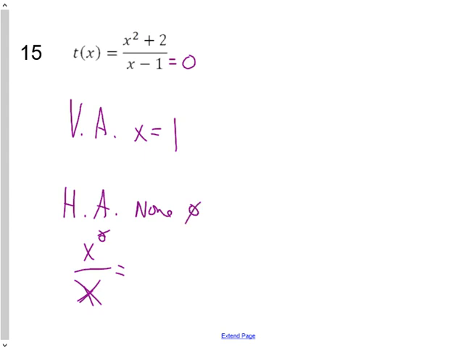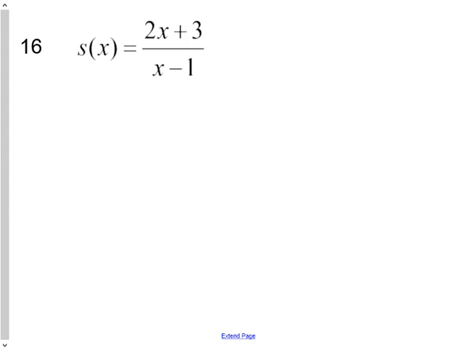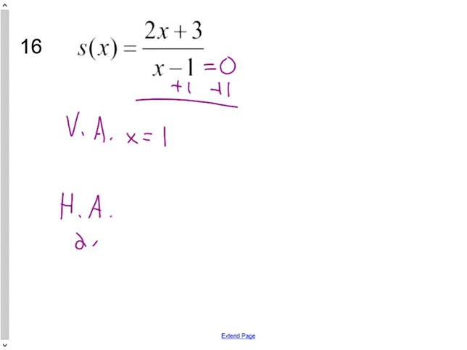And that's all for that one. Next, 2x plus 3 over x minus 1. Denominator cannot equal 0. Add 1 to both sides, so x equals 1 is our VA. Horizontal asymptote is the 2x versus the x. The x's cancel each other, and we get 2, or y equals 2.